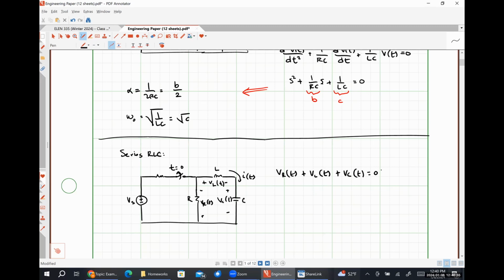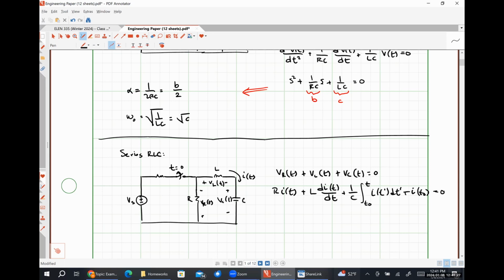So that is R times I of t plus L di by dt plus 1 over C times the integral from t naught to t of I of t prime dt prime plus I at t naught is equal to 0.